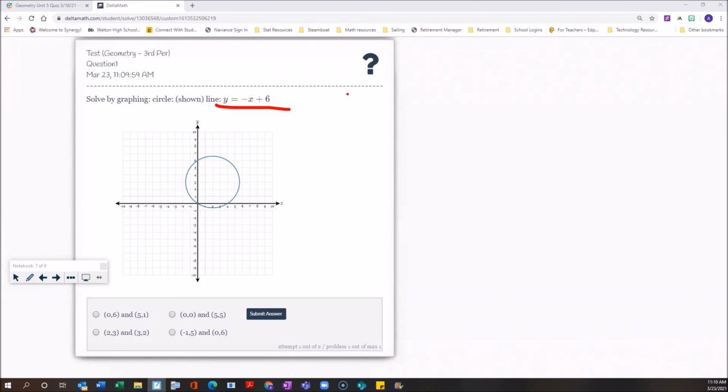So it says y equals negative x plus 6. So what's the slope of that line? Say it again. Somebody said it out there in Zoom world. What do you do if it just says negative x? What's the slope of that? -1.